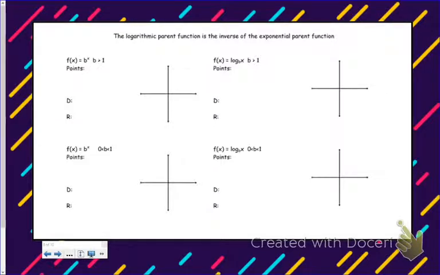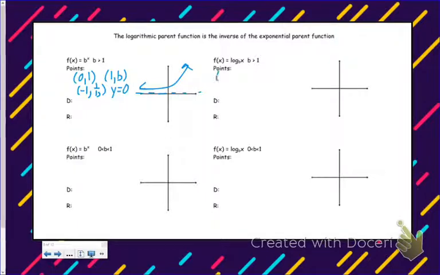So we've talked a lot about this graph, b to the x. Okay, it's going to go through 0, 1, 1 comma the base, negative 1, 1 over the base, and have an asymptote at y equals 0. Okay, so that graph is going to look something like this. Well, the log graph is the inverse of that. And in inverse, we switch x and y.